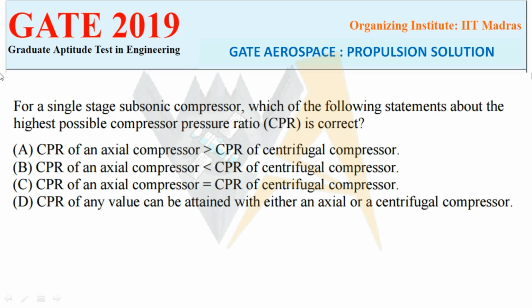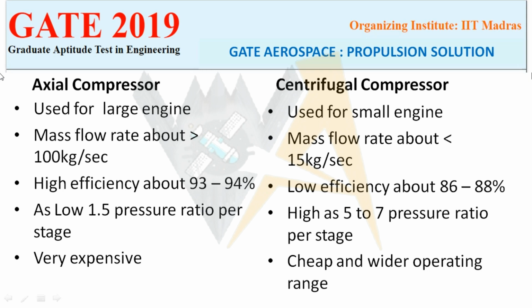Now before that, we will see how the axial compressor and centrifugal compressor vary from each other. You can see axial compressors are used for large engines, whereas centrifugal compressors are used for small engines. Axial compressors have the highest mass flow rate, more than 100 kg per second, whereas centrifugal compressors have a much lower mass flow rate, about 15 kg per second.